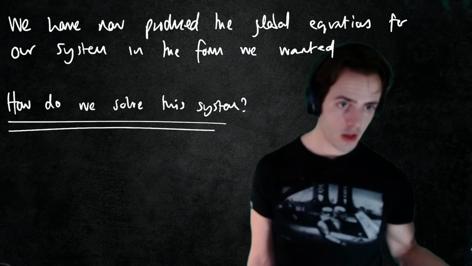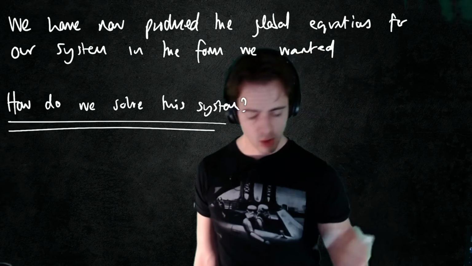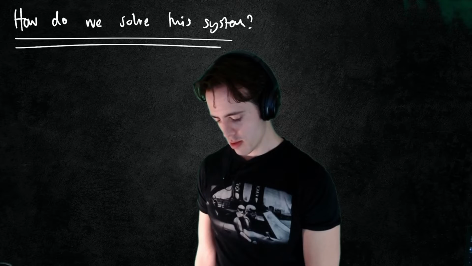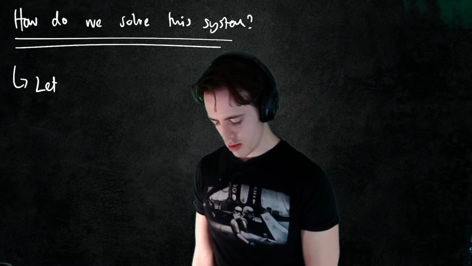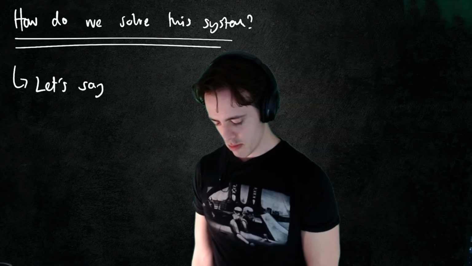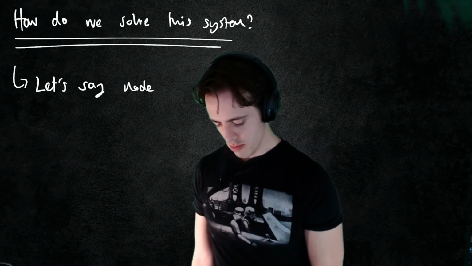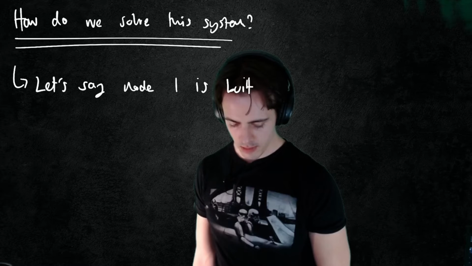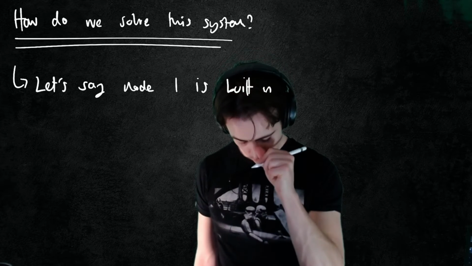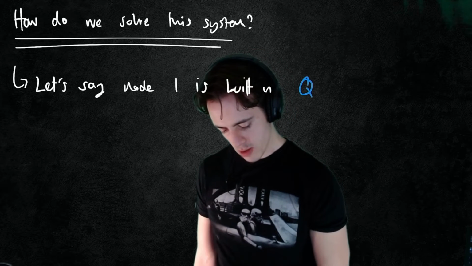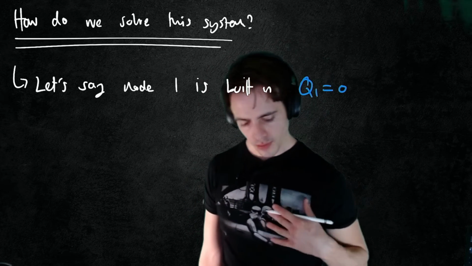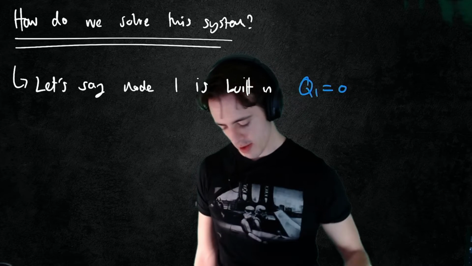Well, we need a boundary condition, so let's say it's been built in at node 1. So node 1 is built in, therefore the displacement at node 1 has to be equal to 0. And let's produce some numbers for the stiffnesses.